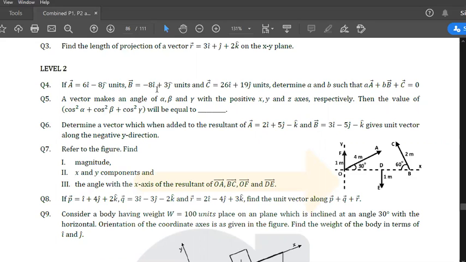Okay, Vikas has solved. Let's see what's the answer. Okay, just wait for some time. It went black. Wait. Just cutting the question, that's why.